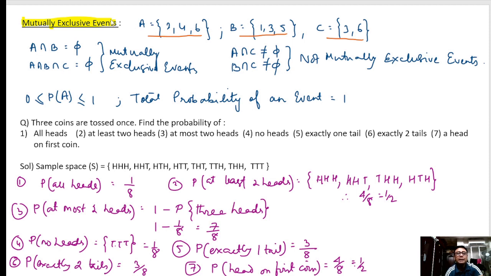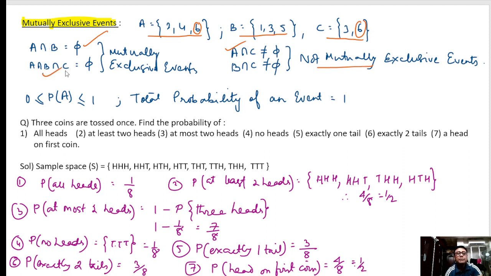Suppose between A intersection B, you see there is nothing common, so A and B are mutually exclusive. Between A and C, what is common? 6 is common. So it is not mutually exclusive.